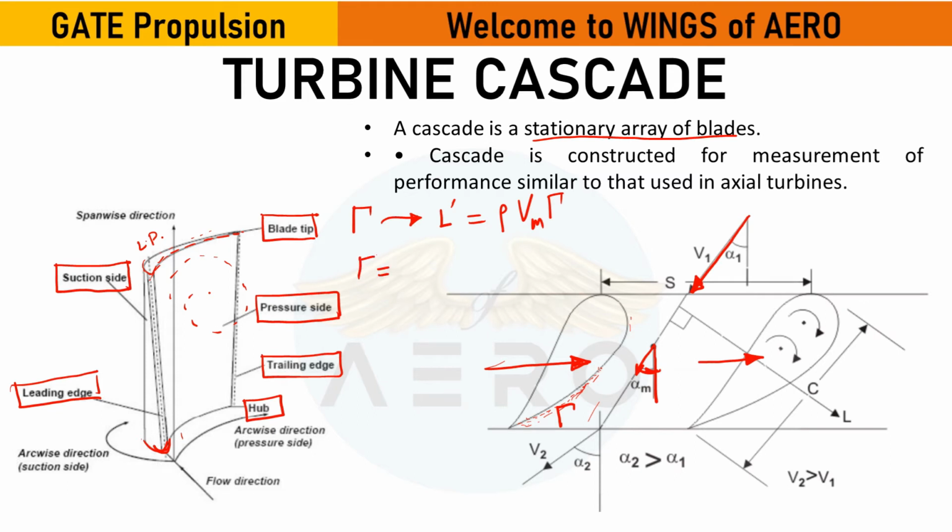The distance from one blade to another is known as the pitch. So the pitch times the tangential velocity difference Cw1 at entry and at exit of the blade element gives the circulation, and substituting this value gives the lift per unit span produced by this blade.